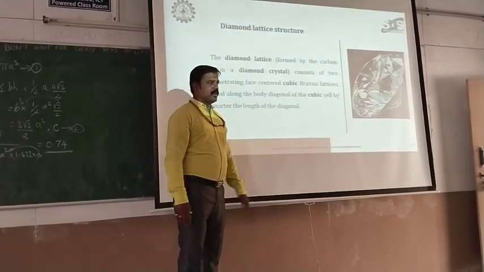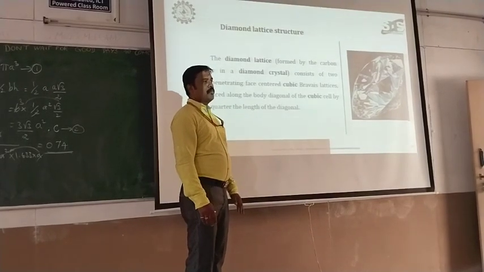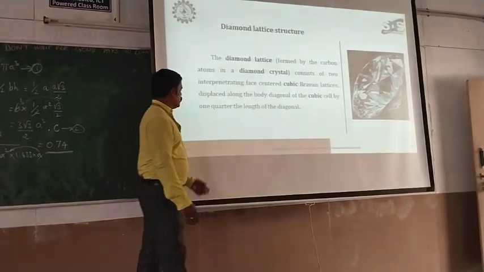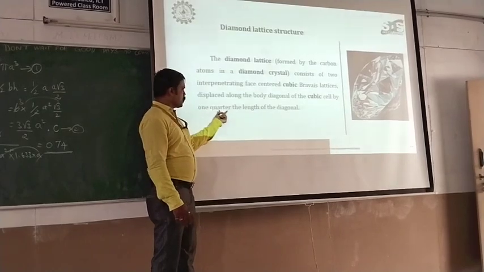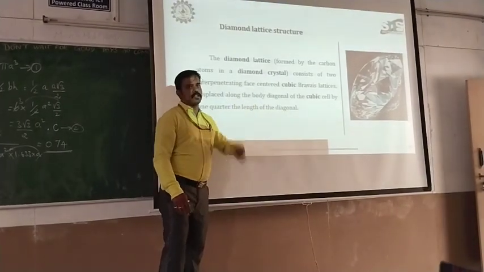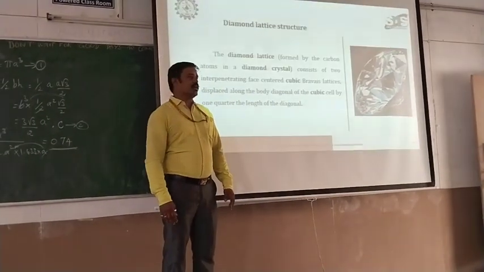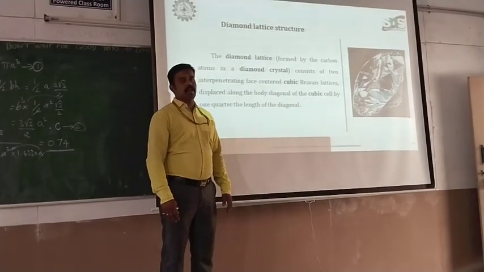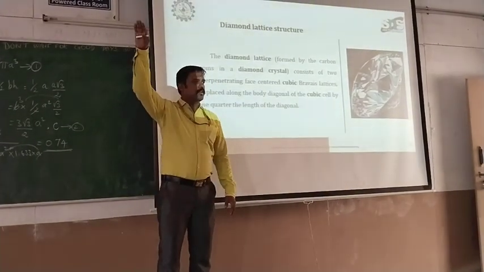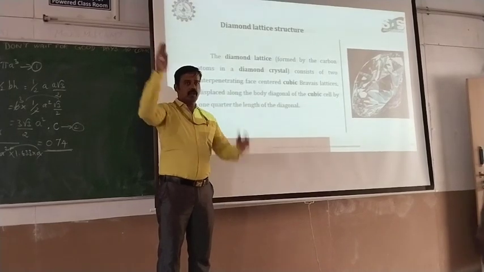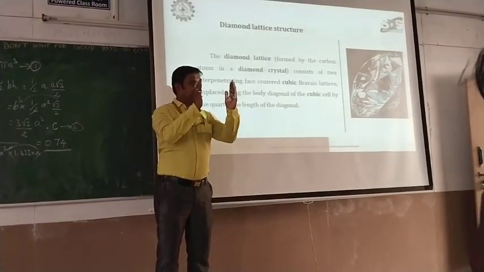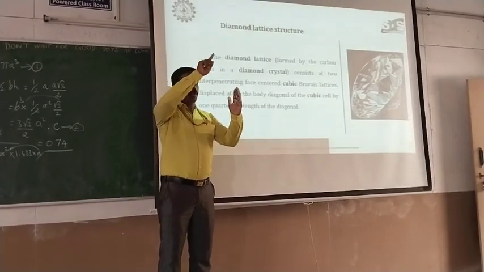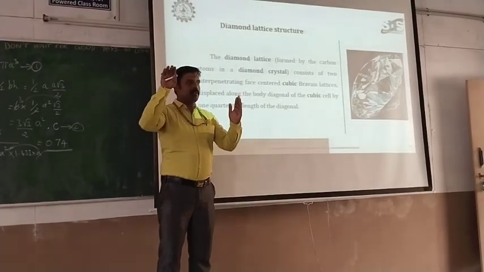The denominator is very simple, we have calculated the APF, right? Then it's a form of 1/4 the length of the diagonals, right? 1/4 the length of the diagonals means this is the diagonal, right? The quarter portion is this. Take one cube. The cube will be cut into 4 portions, right?